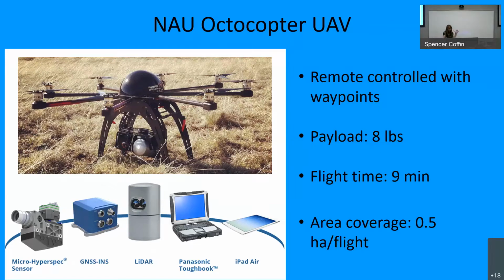And together they weigh almost about 8 pounds or so, which is the maximum payload for this platform. Because it's carrying such a big payload, this platform currently operates only for a short amount of time, for about 8 or 9 minutes at a time, which gives you about an acre per flight.